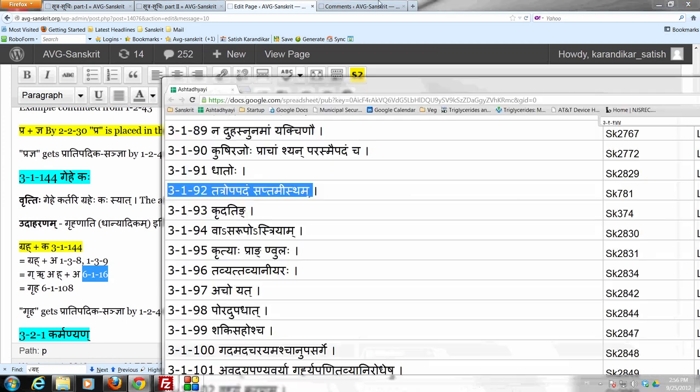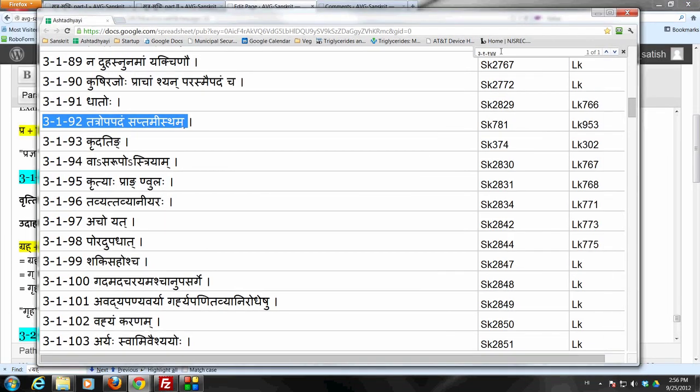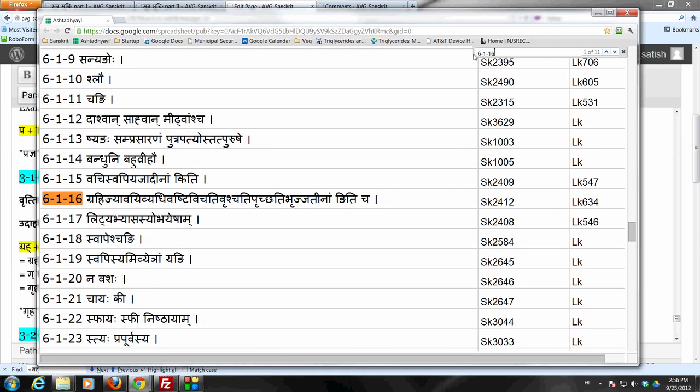So 6.1.16 is this sutram which lists 9 verbal roots which take samprasaranam when followed by an affix which is either kit or nit. Grahi, ja, vayi, vyadhi, vashti, vichati, vrishchati, prichati, vrijjati niti cha. And the very first one is grahi.